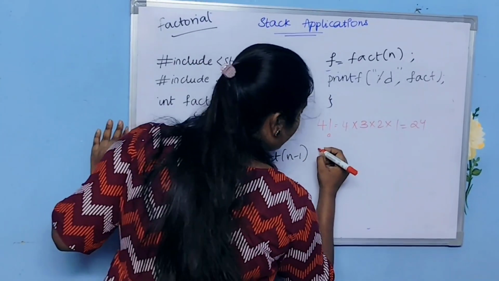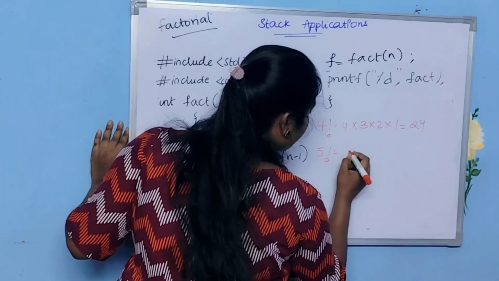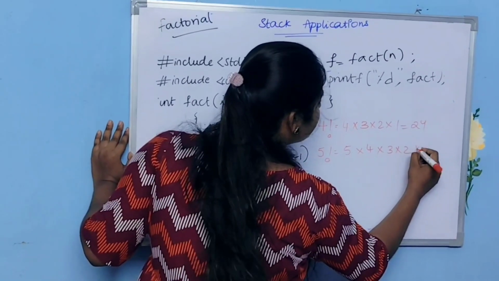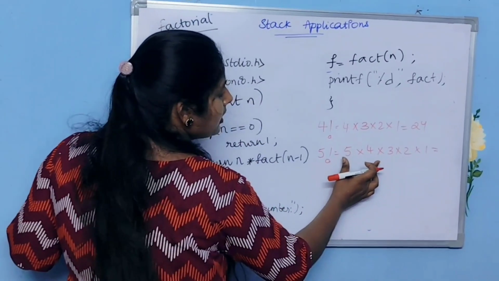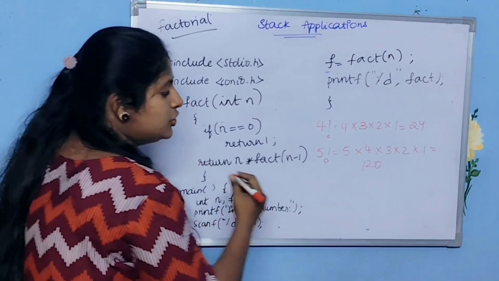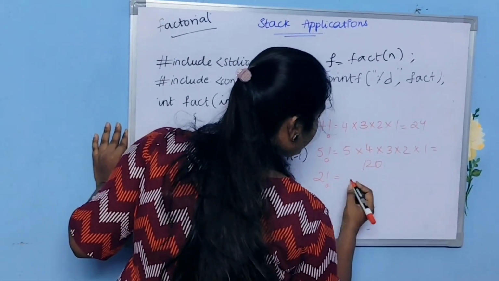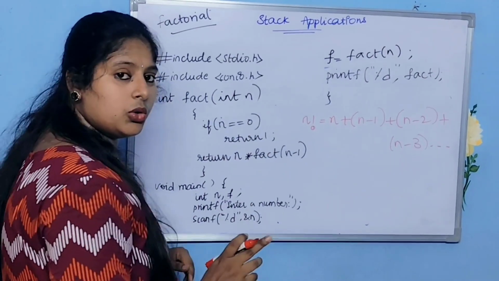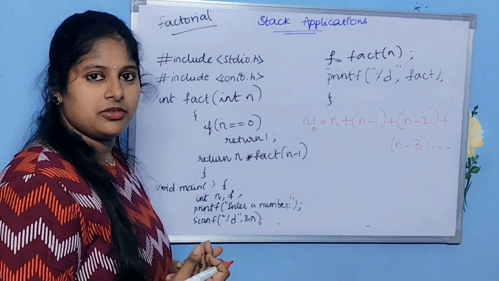Now if I ask you 5 factorial, we will write 5 into 4 into 3 into 2 into 1, that is 120. If I asked you 2 factorial, what will you write? 2 into 1. So this is how you find the factorial of a given number.